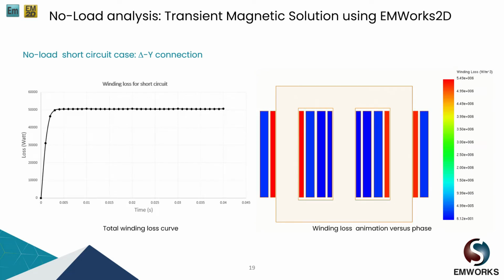So the delta connection can provide more power to our load, but it can also result in higher losses and higher short circuit current in case of a short circuit. This is the disadvantage of the delta connection.